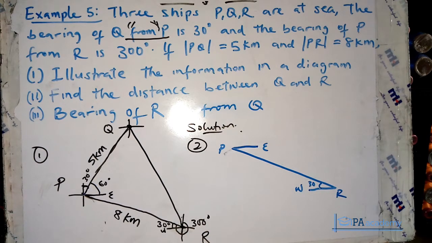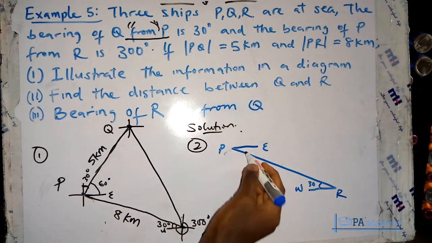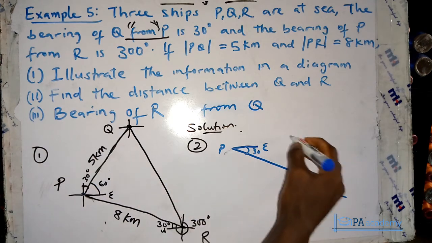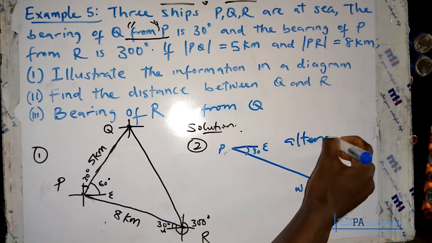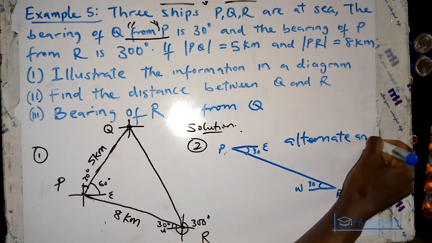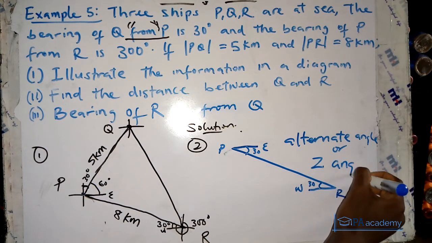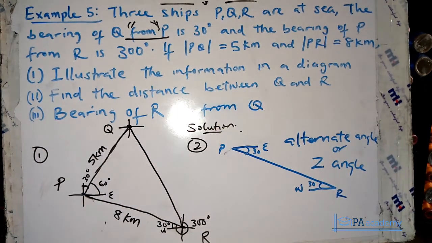In a situation like this, this angle here is also 30 degrees. We call this alternate angles or Z angle. So we agree that this angle here is also 30 degrees.